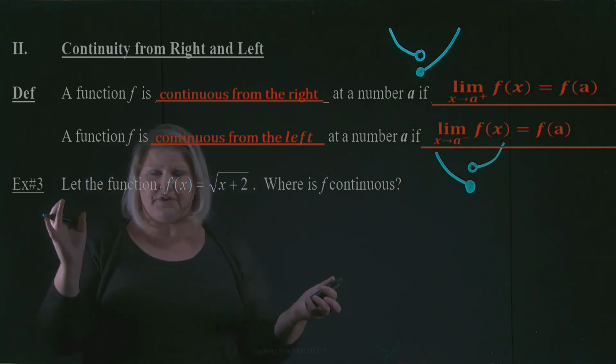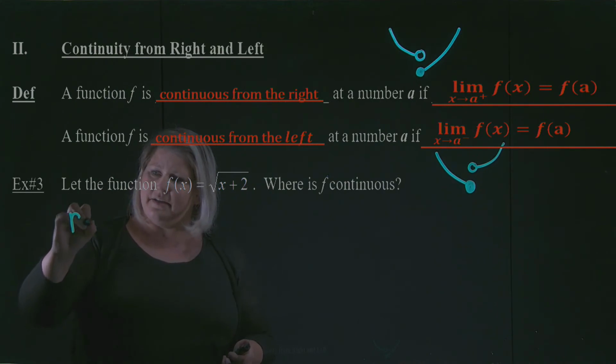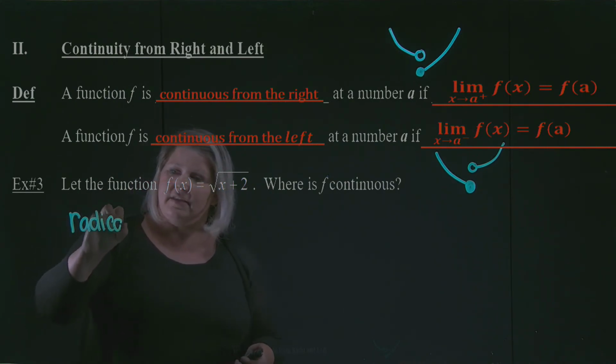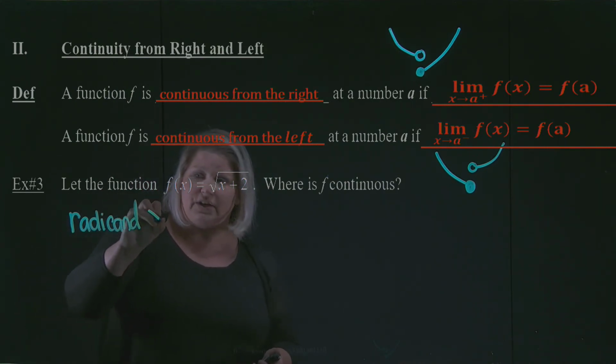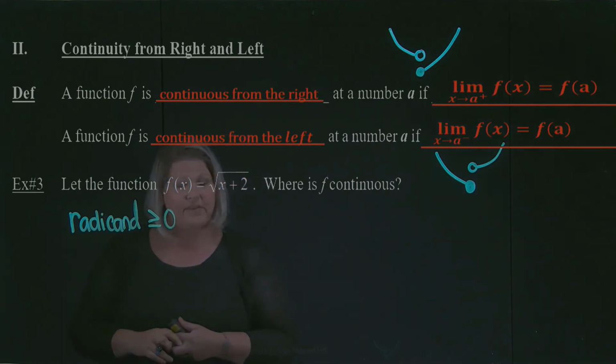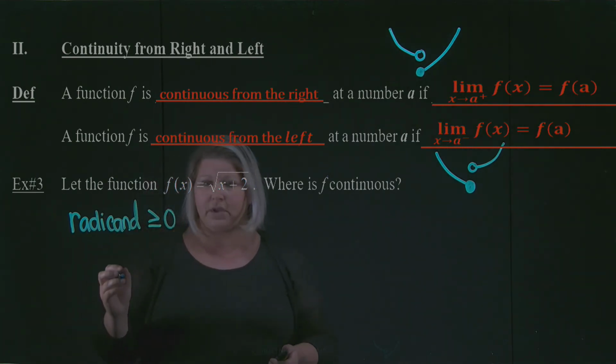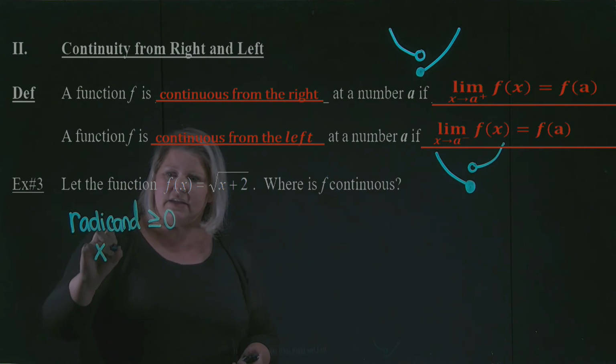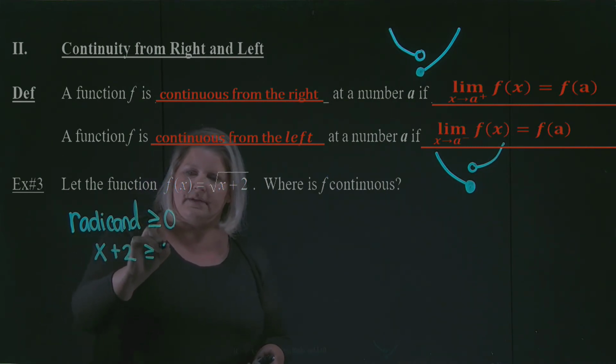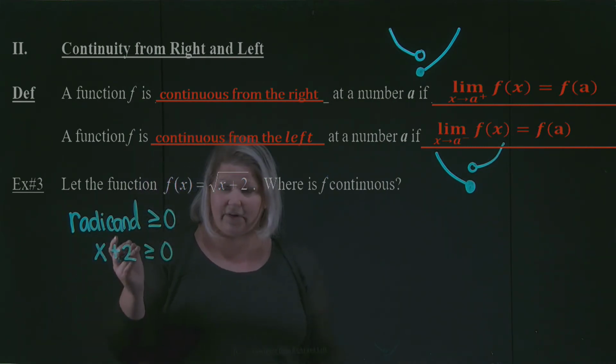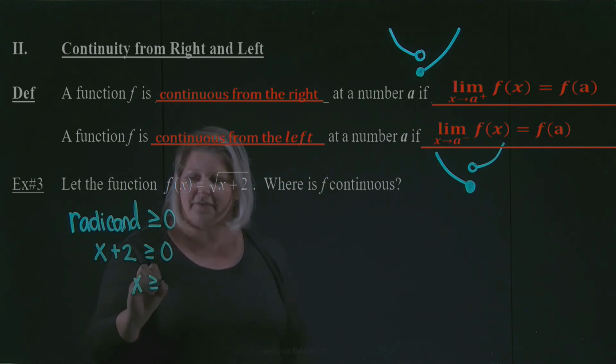What are the rules for square roots? Yeah, the radicand, the inside of the function, needs to be greater than or equal to 0. So let's take your x plus 2, set it greater than or equal to 0, and solve for x.